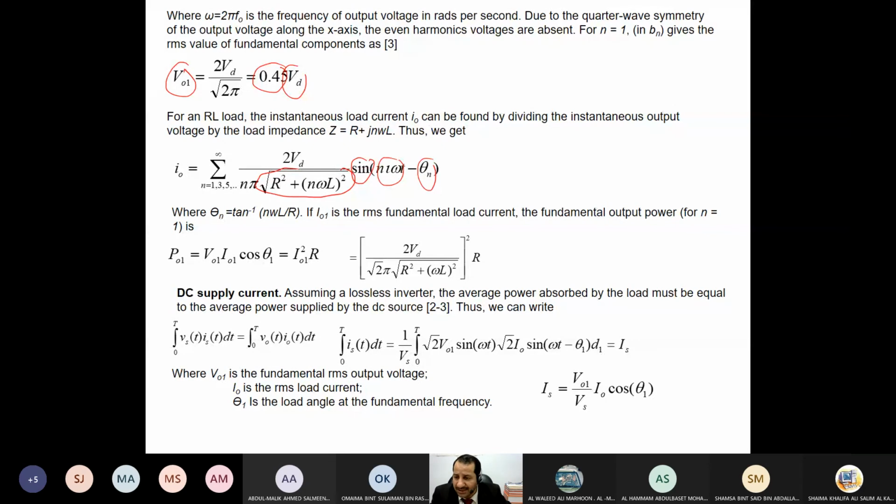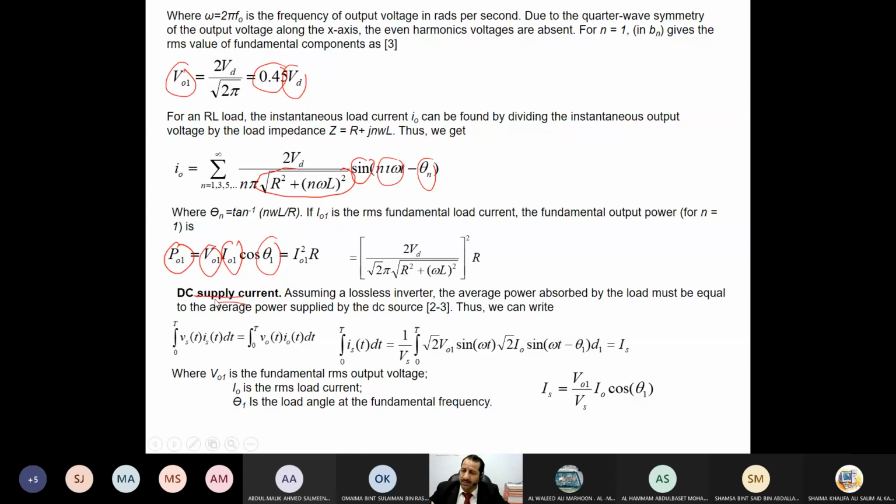For the output, since it's AC, we have output power equal to output voltage times output current times cosine of the phase shift between current and voltage, or I squared R or V squared over R, similar to the AC discussed before. One more issue to be discussed later on, inshallah, in detail in the next session, is the DC supply current.